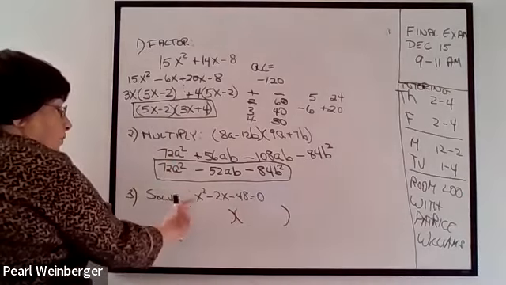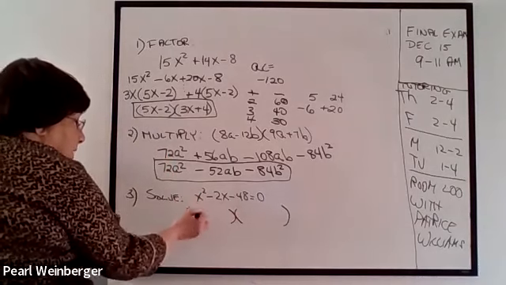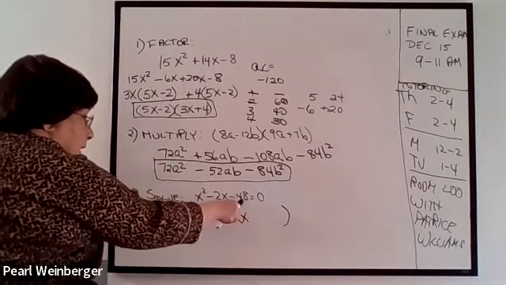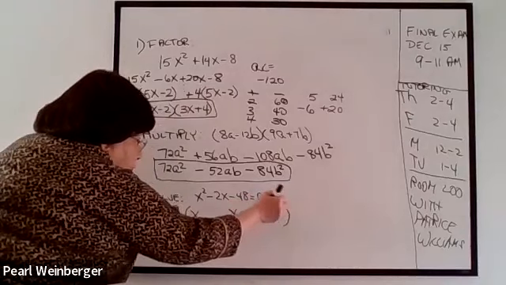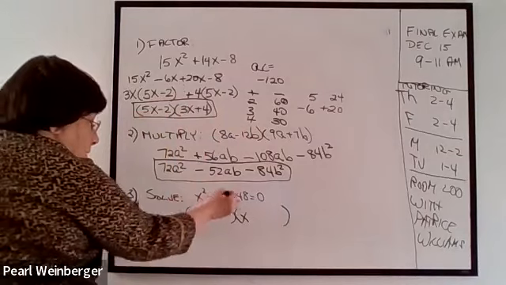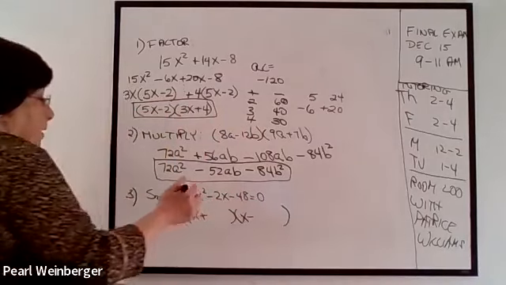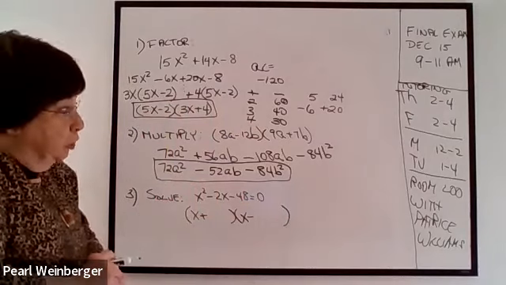This is an easier factoring because the leading coefficient here is just 1. It's just a plain x squared. So I can break that up into x and x. And 48, I'm looking for two numbers that multiply to 48. Obviously, one's going to be positive, one's going to be negative because it's a negative 48. And when we subtract those two numbers, we want to come up with 2.